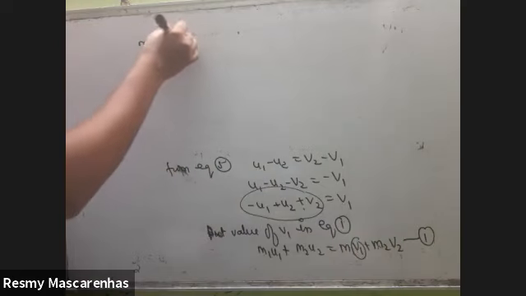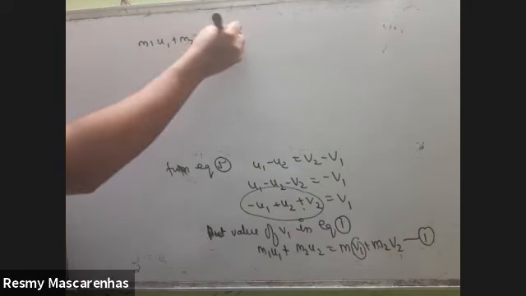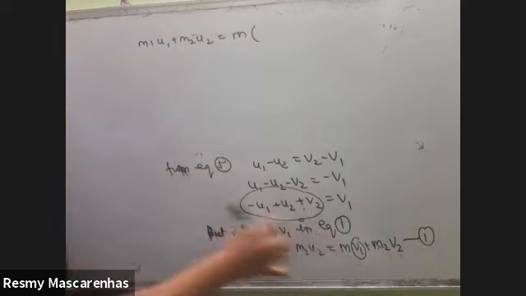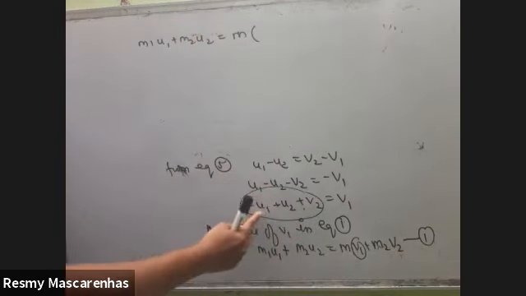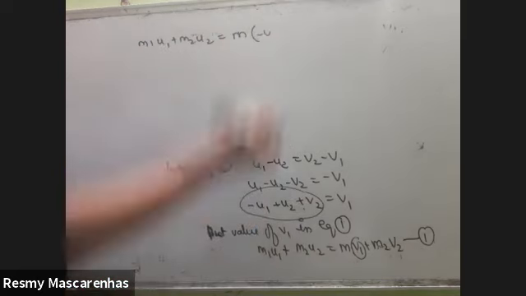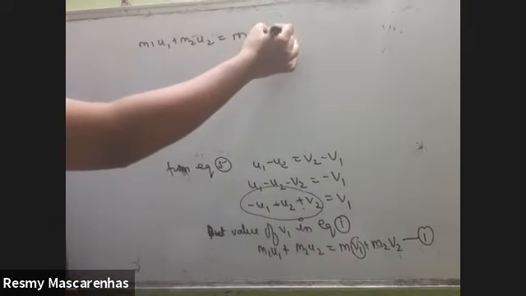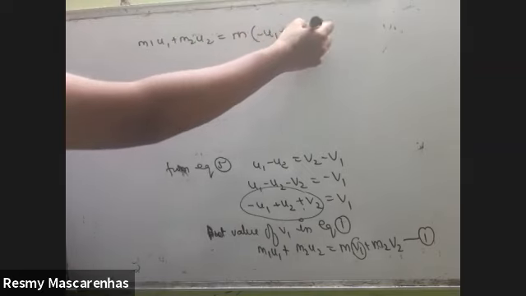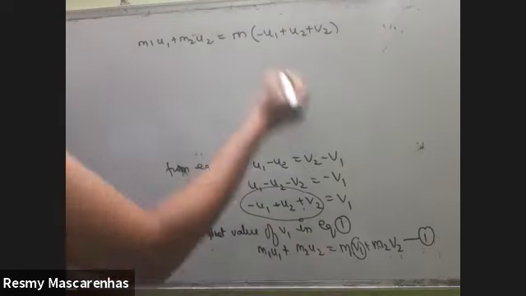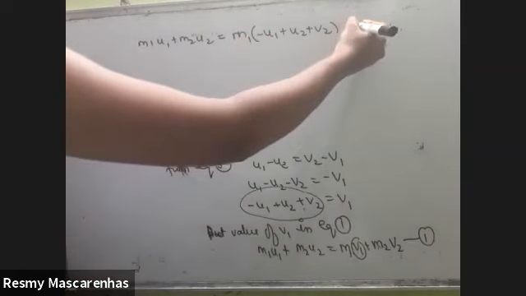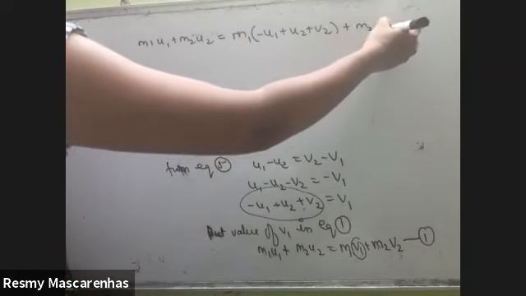M1, instead of V1, I'll put this. You can change the order also, no problem. You can start with V2 also, it doesn't matter because all are additions and subtractions. M1 plus M2 V2.